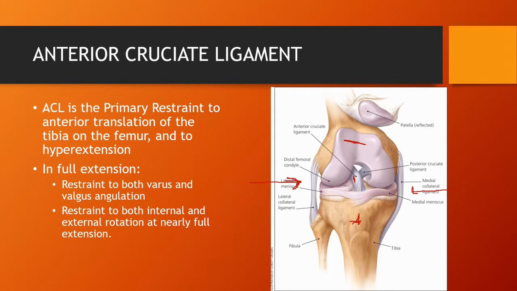Okay, and so that would likely involve injury, most likely, to the posterolateral band. And then, in addition to resisting anterior translation and varus and valgus forces, the anterior cruciate ligament is a restraint to both internal and external rotation when the knee is at full extension.